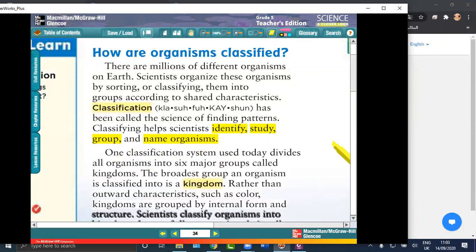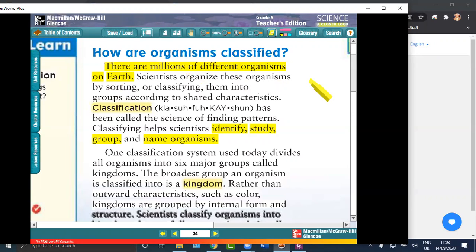What are the advantages of classification? There are many advantages of classification. Highlight this: there are millions of different organisms on Earth. They are organized by similarities, sorting or classifying. They arrange the groups according to shared characteristics.